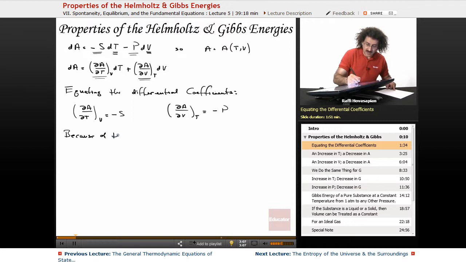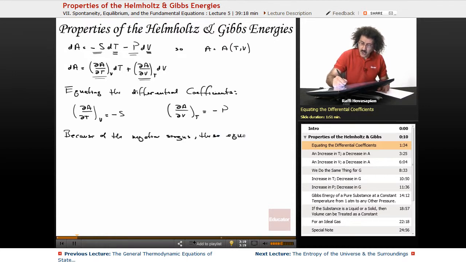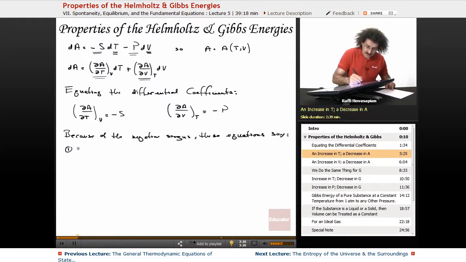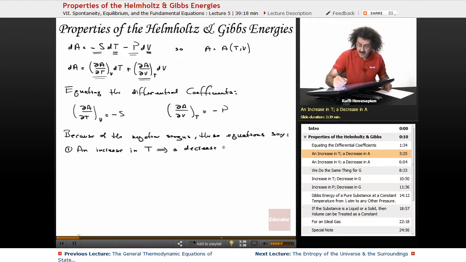Because of the negative signs, these equations say the following. Number one, an increase in the temperature implies a decrease in the Helmholtz energy. That's what this negative sign means.